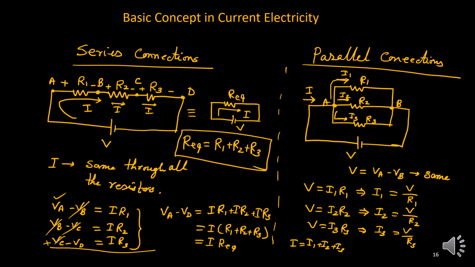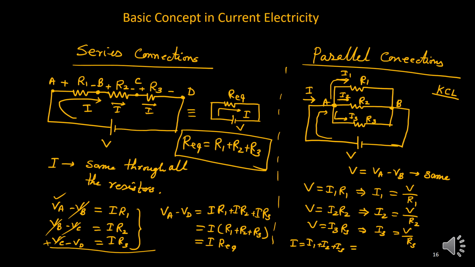This current continuity is important, and it is called Kirchhoff's current law, KCL in short, which will be discussed later. The simple thing here is that whatever current is coming in has to go through the other branches. So through R1 it is I1, through R2 it is I2, through R3 it is I3, and the total current I equals I1 plus I2 plus I3.